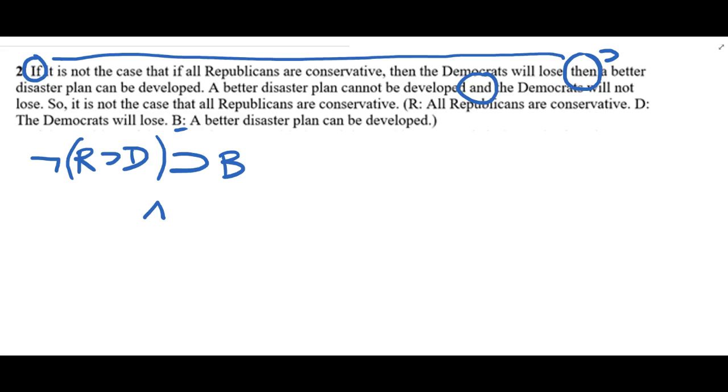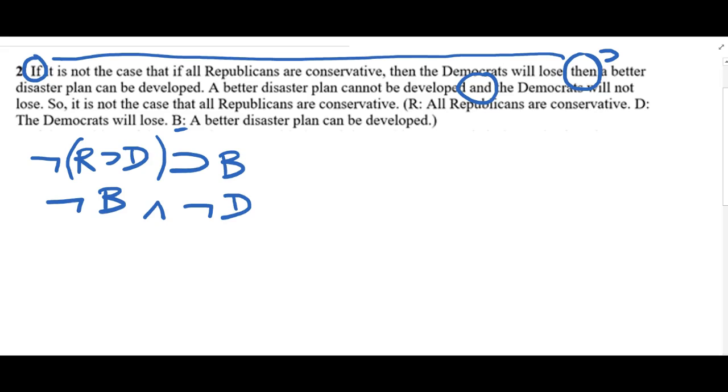Because B is a symbol for a better disaster plan can be developed, we will symbolize a better disaster plan cannot be developed as not B. And the Democrats will not lose. Again, D is a symbol for the Democrats will lose. But here we have to symbolize the Democrats will not lose. So, not D.